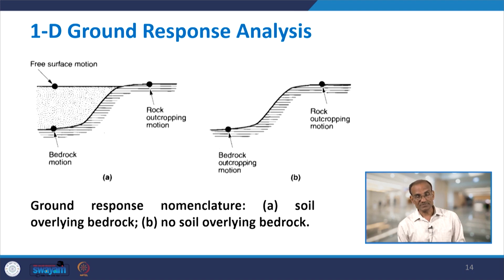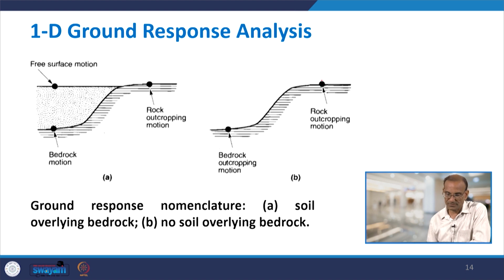In one case, soil is overlying bedrock, you have a bedrock here, on the top of it you have soil here, but in the second case there is no soil overlying bedrock. So, there are 4 terminologies here, in fact there are 5 points, but 2 points are common. This is rock outcropping, and in this second figure is also rock outcropping. So, let us explain one by one.